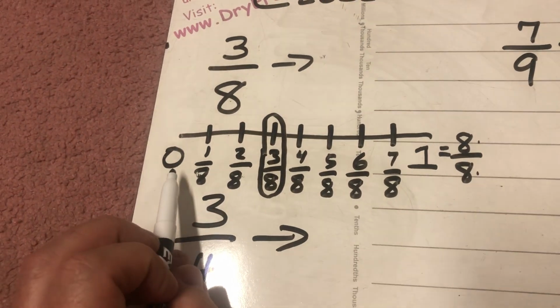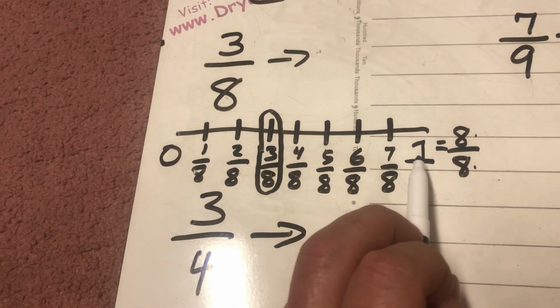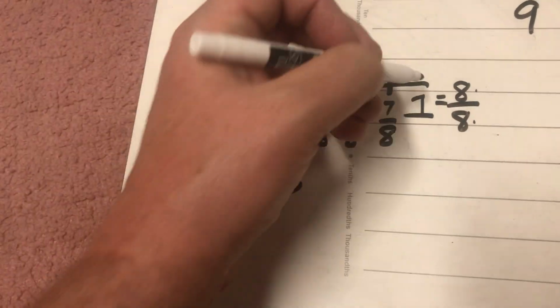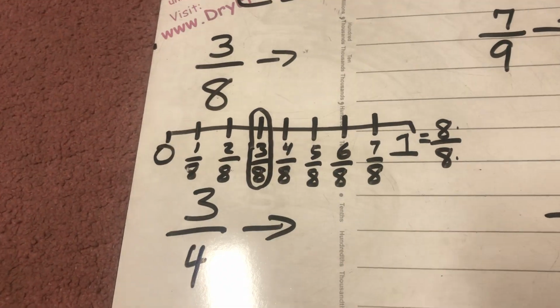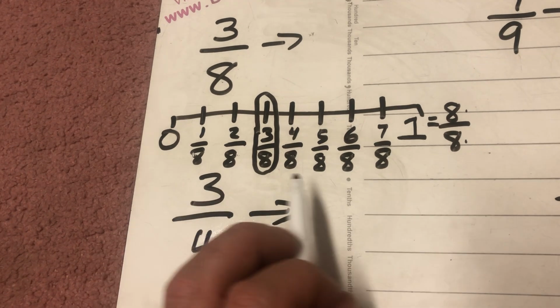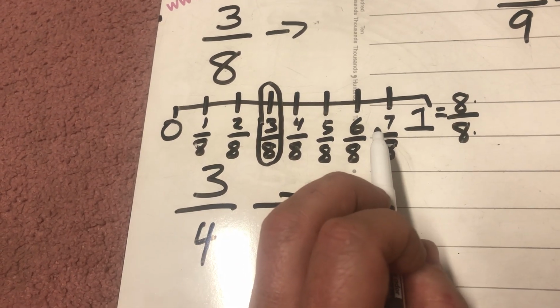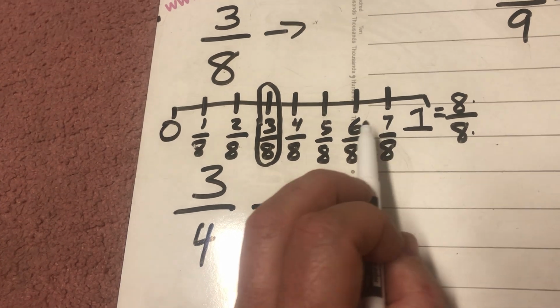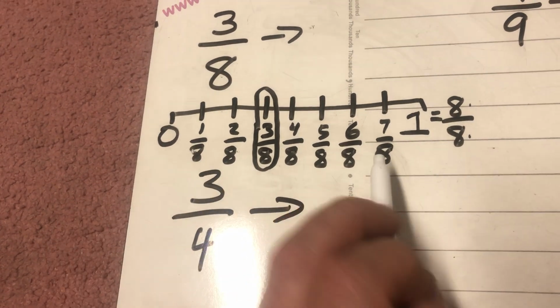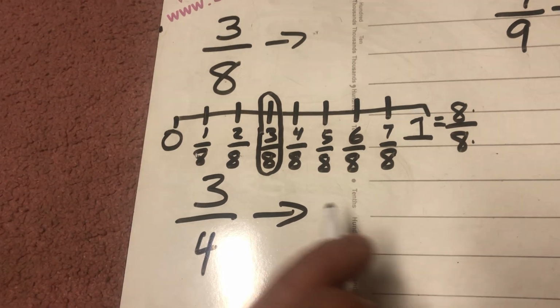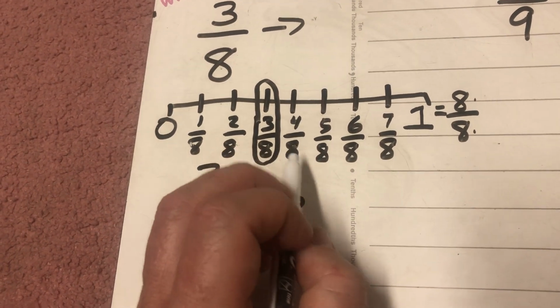I know where 0 is, I know where 1 is, I need to figure out where 1/2 is. So I'm trying to think, well, what's 1/2? Well, I know what 1/2 is because whenever the number at the top is half of the number at the bottom, that's where 1/2 is. And I know that 4 is half of 8.